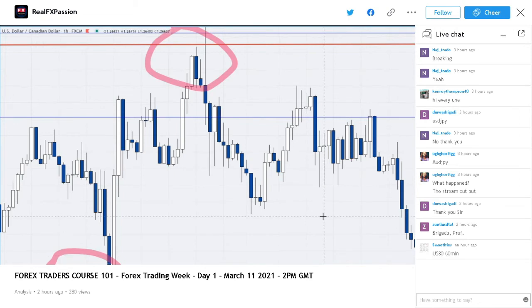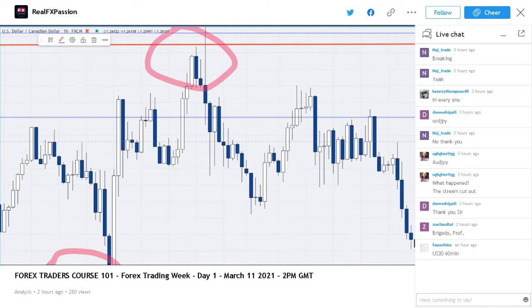There is no right or wrong, everybody. You have 10 different traders going long and short with 10 different entries, 10 different styles, 10 different stop loss levels, 10 different time frames. Beginner traders, you must understand there is no right or wrong.